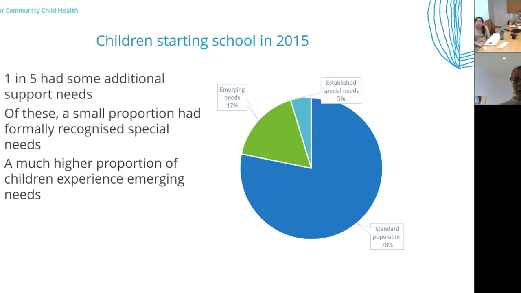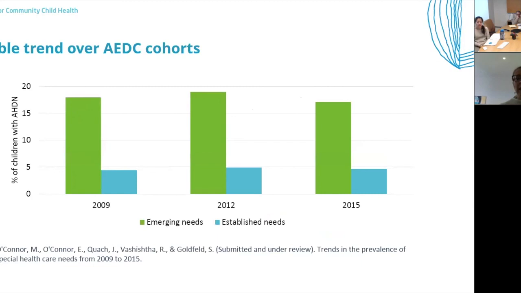And this is the group of children that don't have what we call established special needs. They don't have an established disability that we understand, but teachers are worried about them. These are massive numbers of kids here in Australia, and you can see it's about 1 in 5. And not surprisingly, looking over our 3 cohorts, it's incredibly stable. So these numbers here, here, here. 1 in 5 kids across the nation have got these emerging needs.